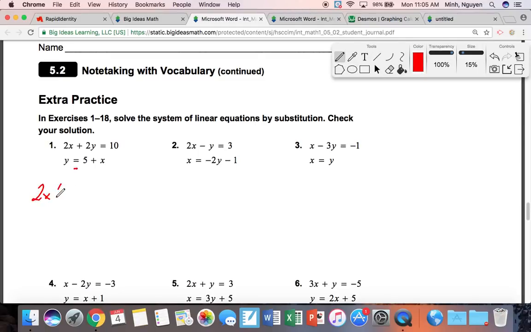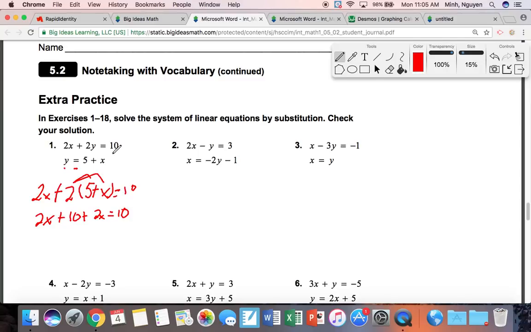So I'll say 2x plus 2, but instead of y, now I will say 5 plus x. So I got 2x plus 10 plus 2x equals 10.